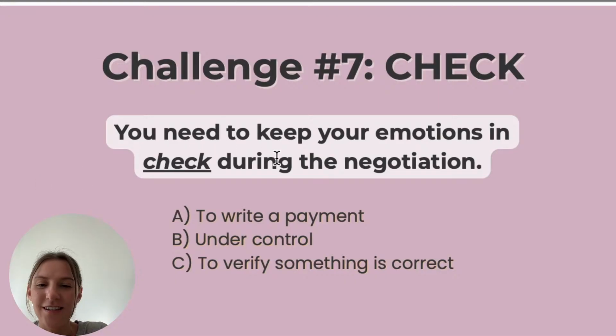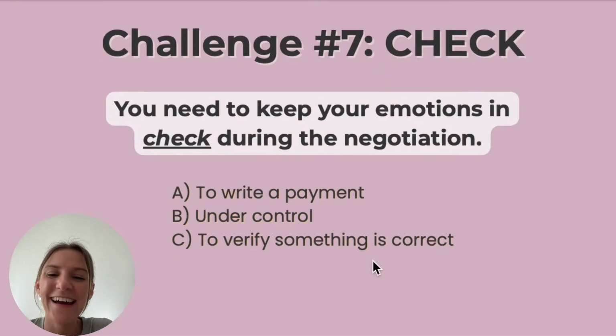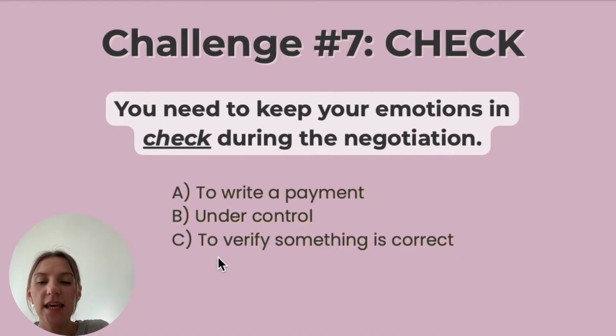I was so excited. Okay, so check here means A, to write a payment, B, under control, C, to verify something is correct. You need to keep your emotions in check during the negotiation.